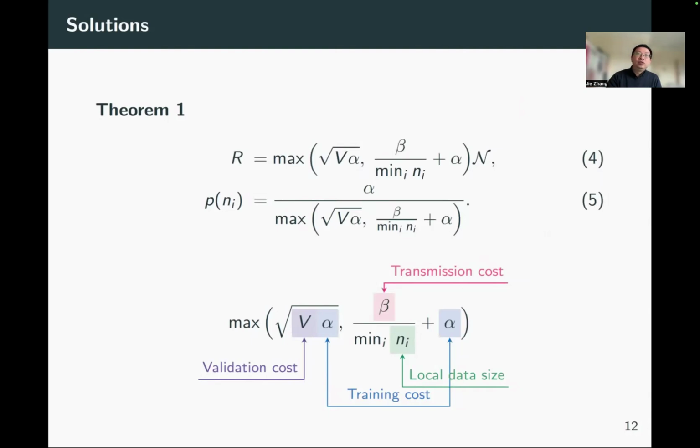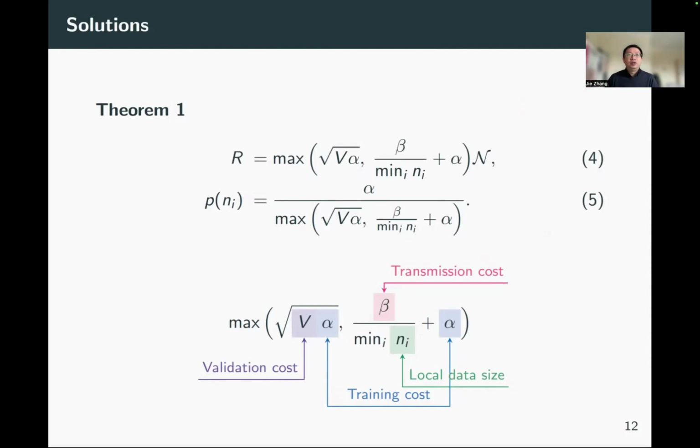But you can see the left-hand side here will correspond to our constraint number 1, our equation number 2, which has the constraint that the reward for acting honestly should be greater than the utility for acting as a free rider, and that the square root of their validation cost times their training cost. The right-hand side corresponds to making sure that the expected utility is 0.